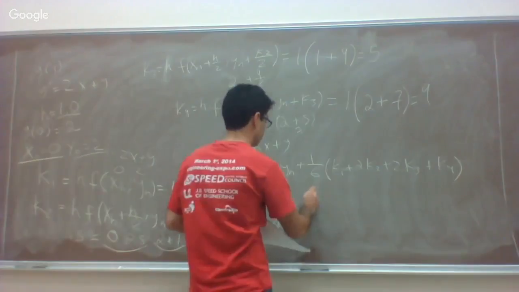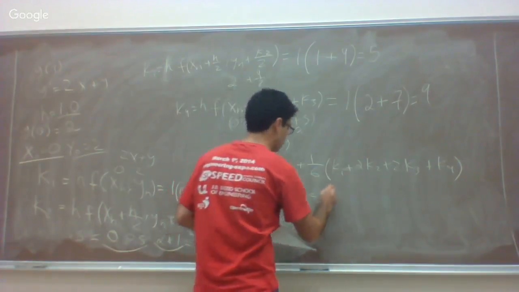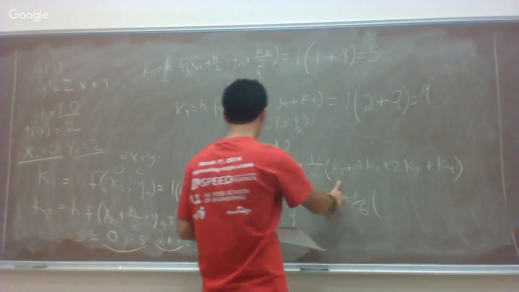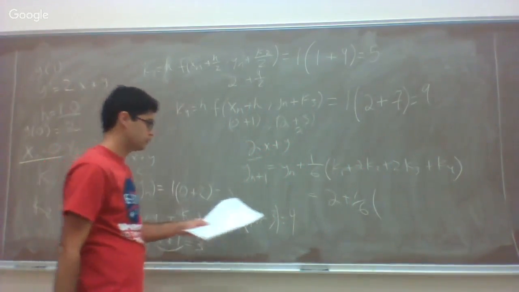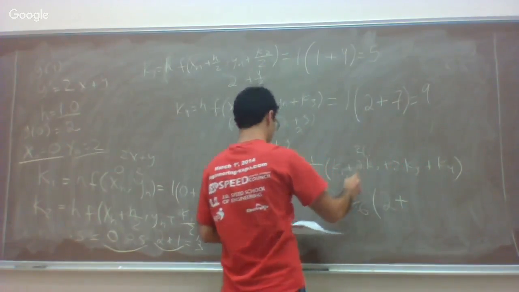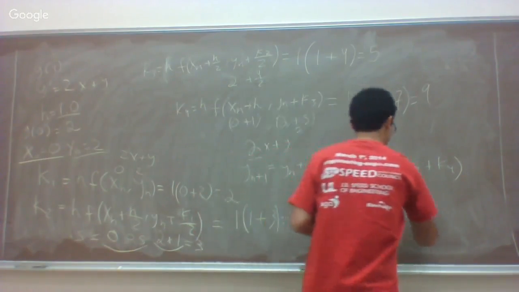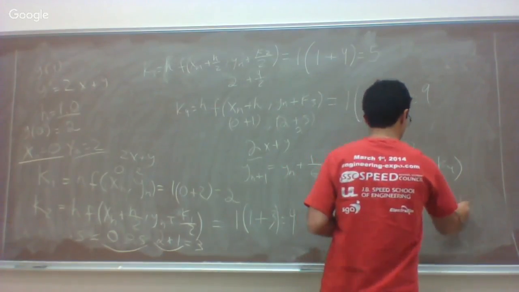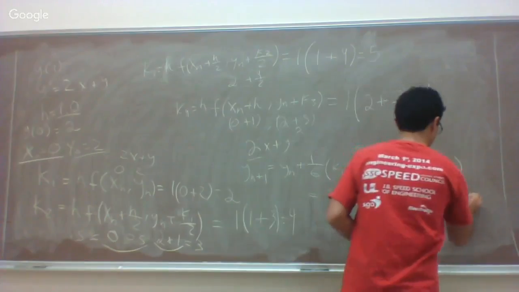So this is equal to y sub n, which is 2, plus 1 over 6 times k1, which is a 2. So it's 2 plus 2 times 4, so plus an 8, plus 2 times 5, so plus a 10, plus k4, which is a 9.